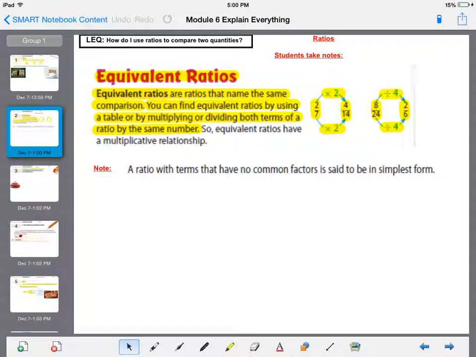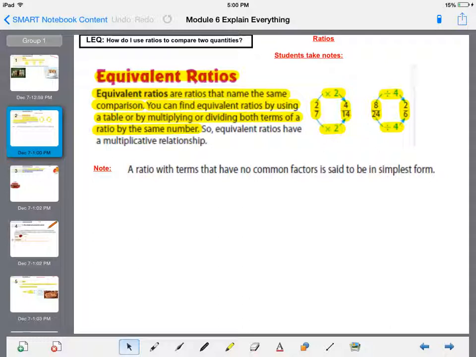This is said to be a multiplicative relationship because we are multiplying in order to come up with the equivalent ratio. Now, there is a note here that tells us that a ratio with terms that have no common factors is said to be in simplest form. So, for example, 2 to 7 would be in simplest form because there is not a number that we can divide both 2 and 7 by.